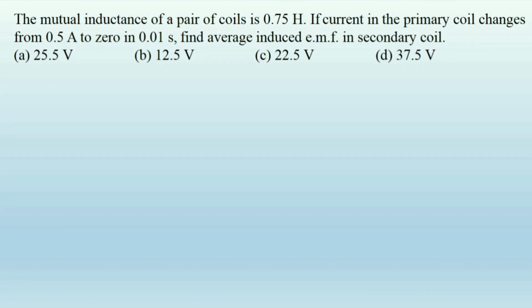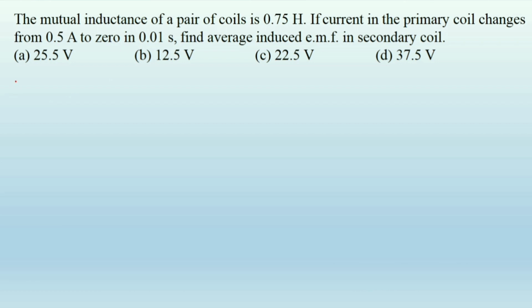The mutual inductance of a pair of coils is 0.75 henry. If current in the primary coil changes from 0.5 ampere to 0 ampere in 0.01 second, find the average induced EMF in the secondary coil. See here, the mutual inductance for a pair of coils is given as 0.75 henry. If current in the primary coil changes, then induced EMF takes place in the secondary coil, and that average induced EMF we have to calculate.